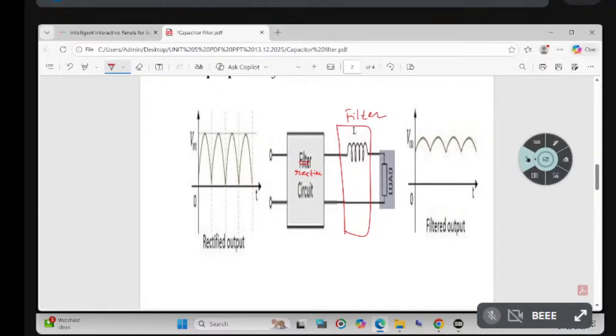Rectifier output should be connected to the filter. What is the rectifier output? Pulsating DC. Rectifier output is pulsating DC. So we get this kind of waveform.